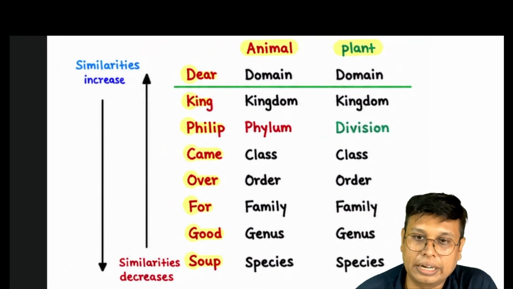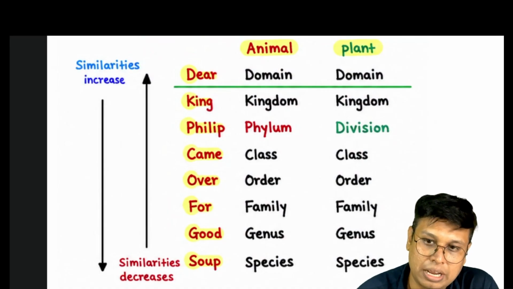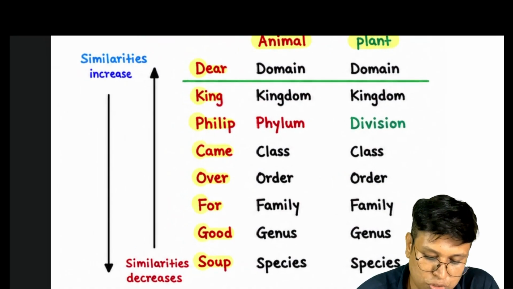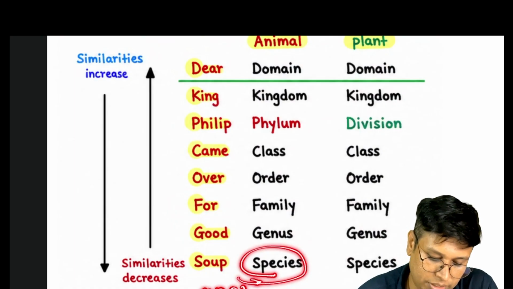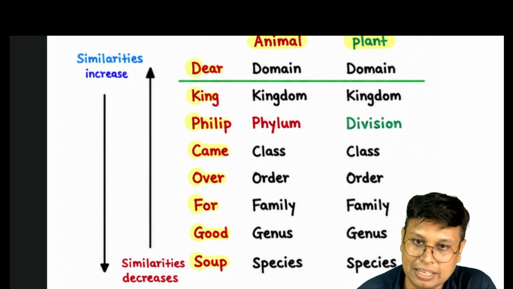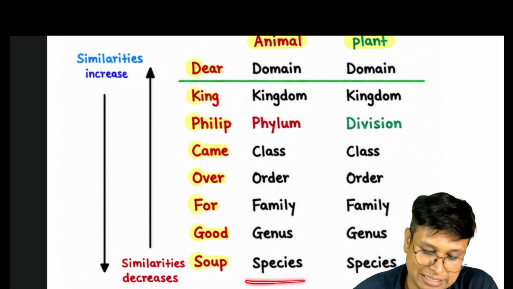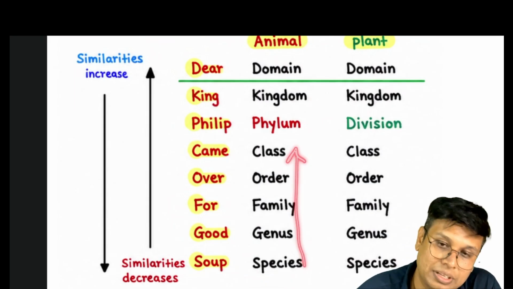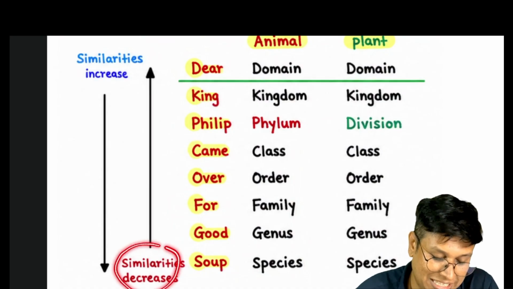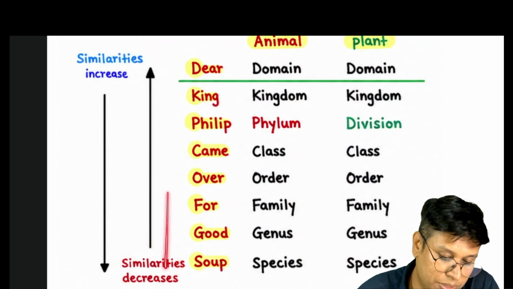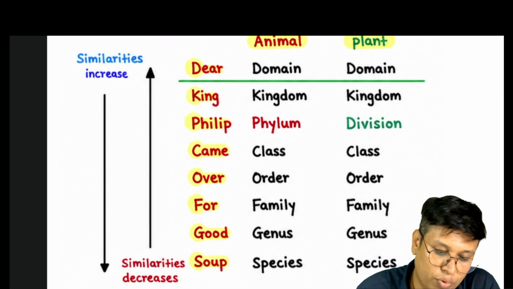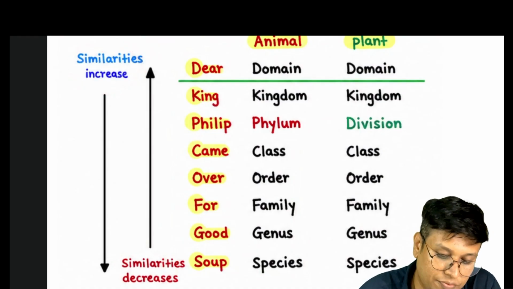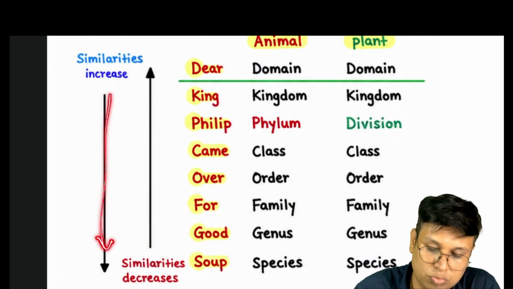So we need to see the trend, where the similarities are most and where the differences are most. Species is going to have the most similar candidates. Individuals in the species taxon are going to be highly similar, and when you go up, the similarity decreases. Simply see this arrow: similarity decreases from species to kingdom, and the same thing can be said from a different point of view, that similarities increase when you go from kingdom to species.